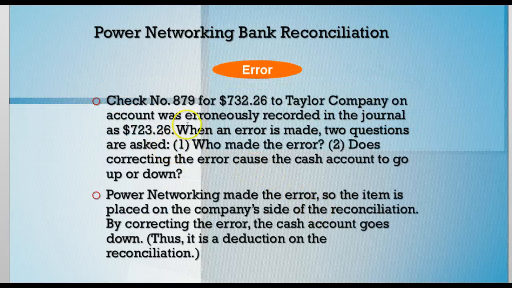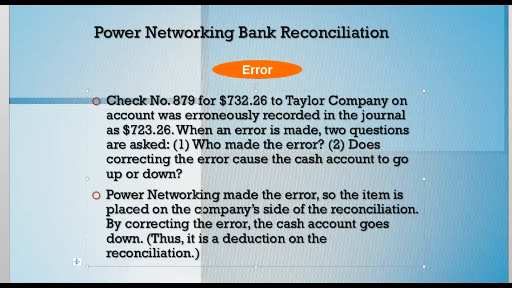And then we have check 879 that was recorded incorrectly. It should have been 732, and they put in 723. So who made the error? That's what we have to look at there.